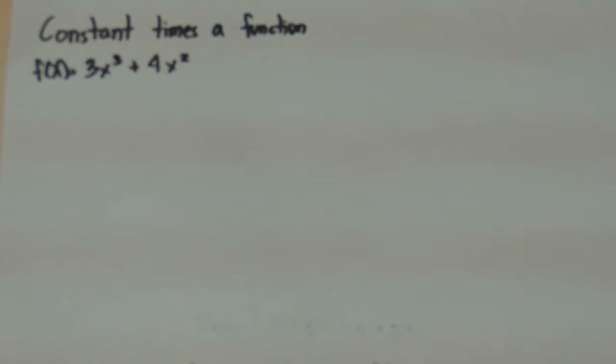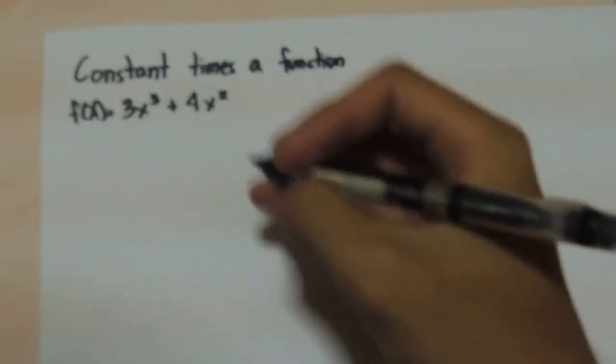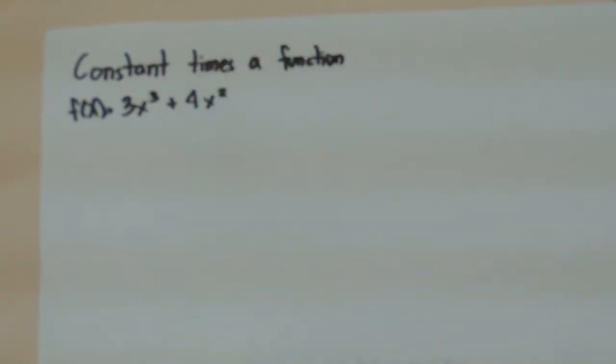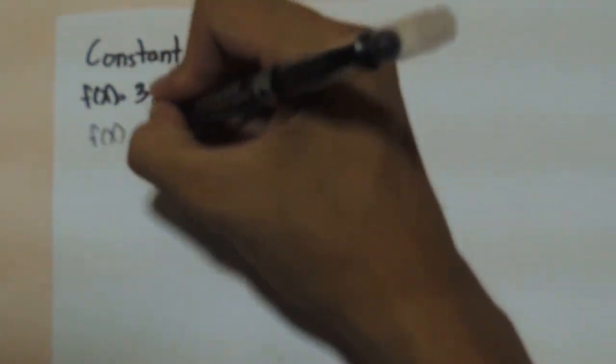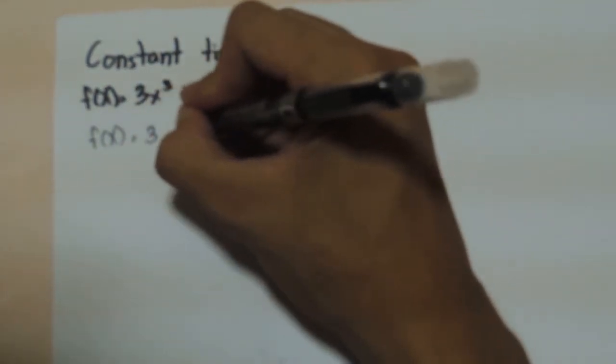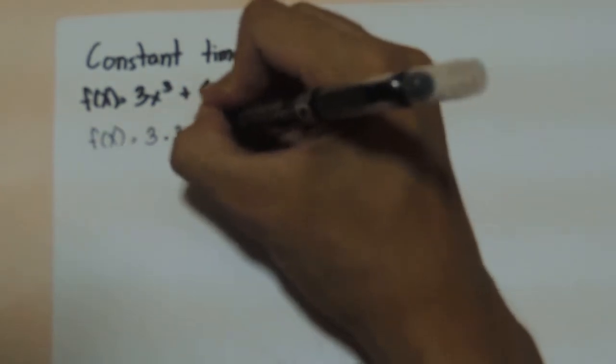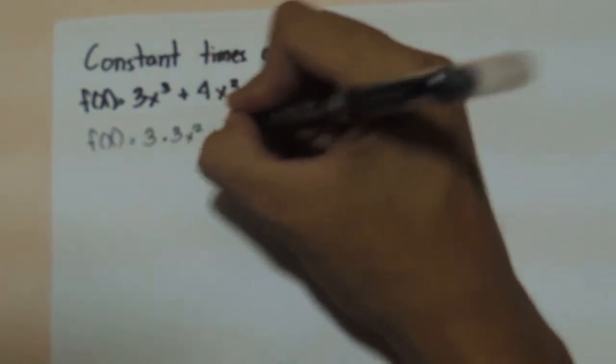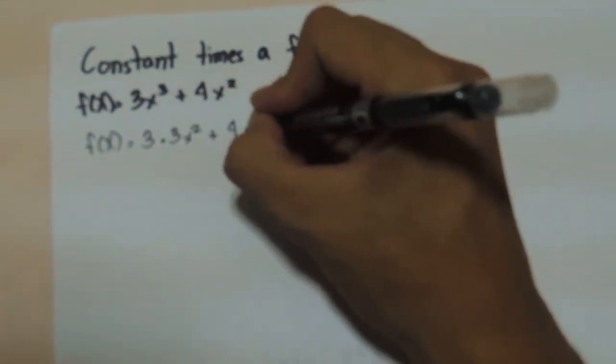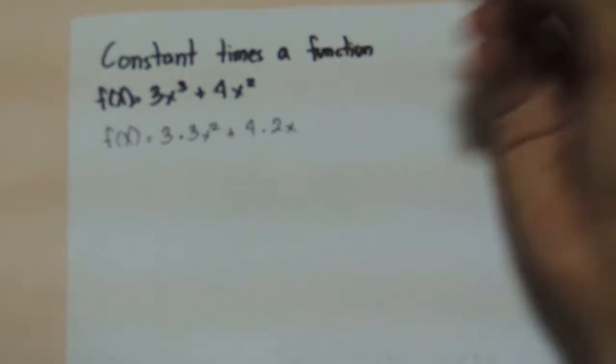So let's go. The first step here is to bring down the 3. So f prime of x is equal to 3 times 3x squared plus 4 times 2x.